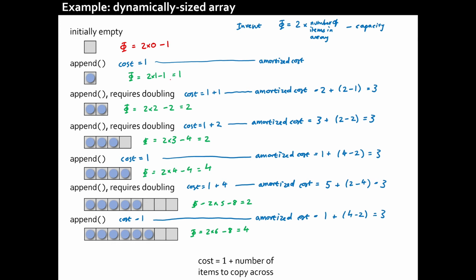I'm going to just kludge to get rid of that problem. And the kludge that I'm going to do is I'm going to say, take the positive part of this. In other words, if the formula twice number of items minus capacity is positive, I'll just use it. If it's negative, I'll take the max of that with 0. So I'm going to say the potential here is 0 for my initial state.